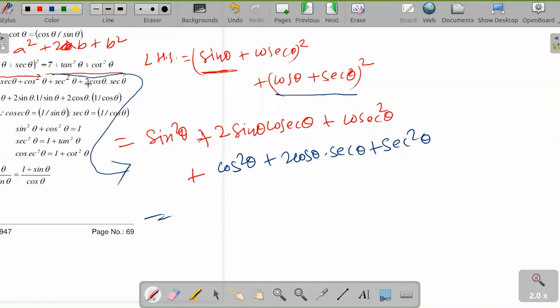You can see here, first we got sine square theta plus cos square theta, and sine square theta plus cos square theta is 1, right? So this becomes 1 plus, and sine and cosec are reciprocals, like this is p by h and this is h by p. So this will cancel out and become 2.